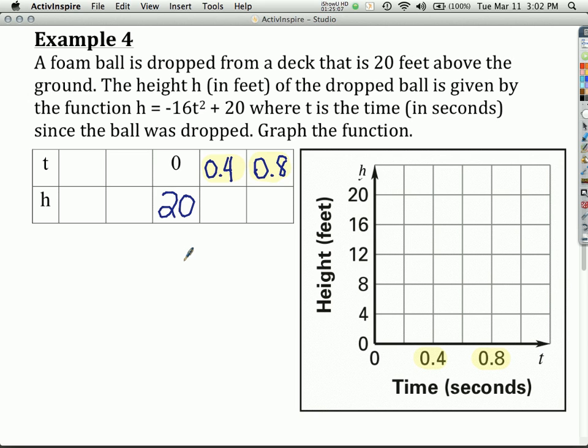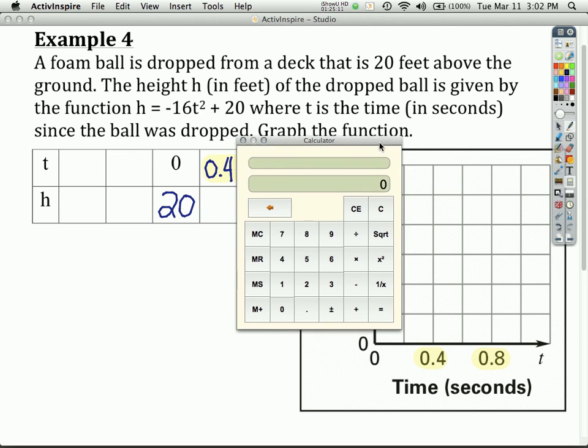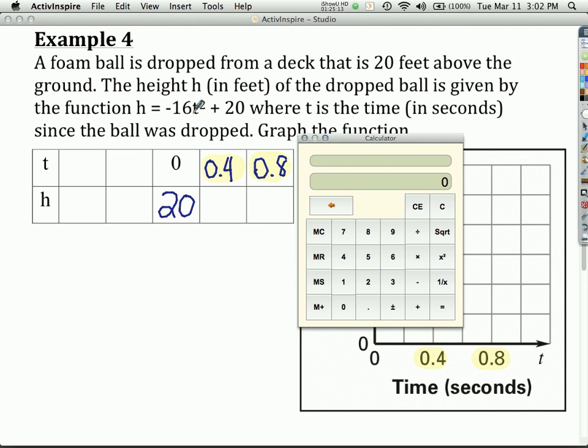0.4 is a little bit harder, and we're probably going to need a calculator to work through that. We have to plug in a 0.4 here, square it, multiply by negative 16, and then add 20. But if you do it in the right order, you could just use your calculator to do the whole thing. 0.4 times 0.4, that's squaring it, equals, times negative 16.